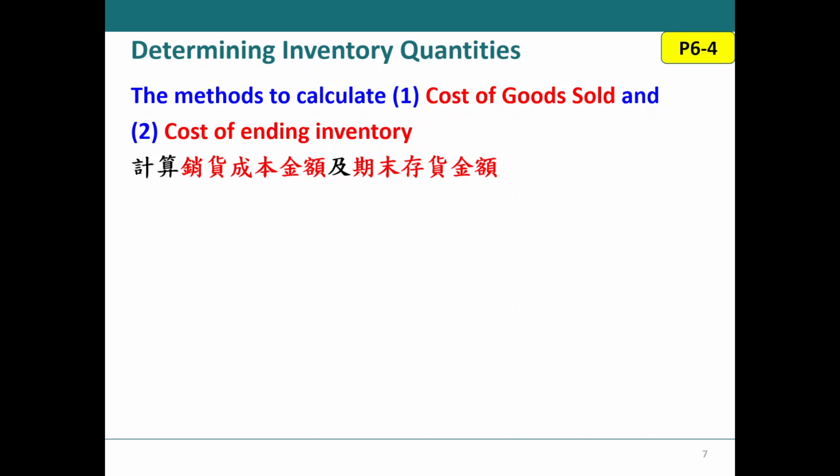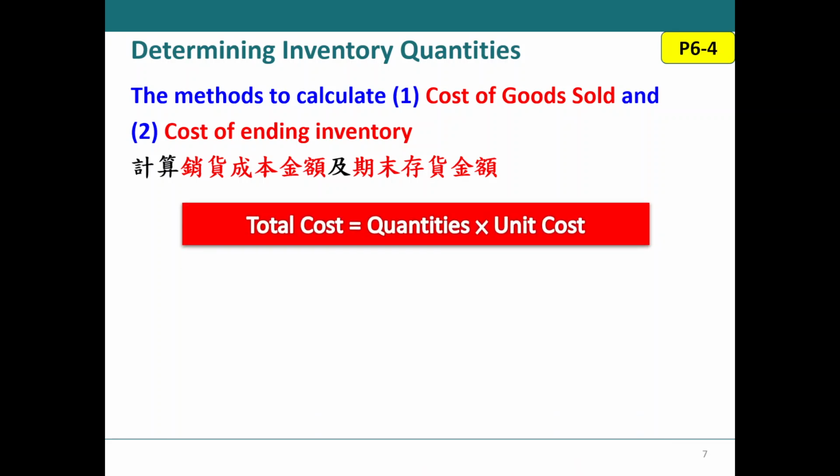Chapter 5 will give you the numbers, but actually, how to get the numbers by yourself? Chapter 6 here tells you how to get the numbers by yourself. So no matter whether I want to get the cost of goods sold or cost of the inventory, how to do that? Remember how to get the total amount.